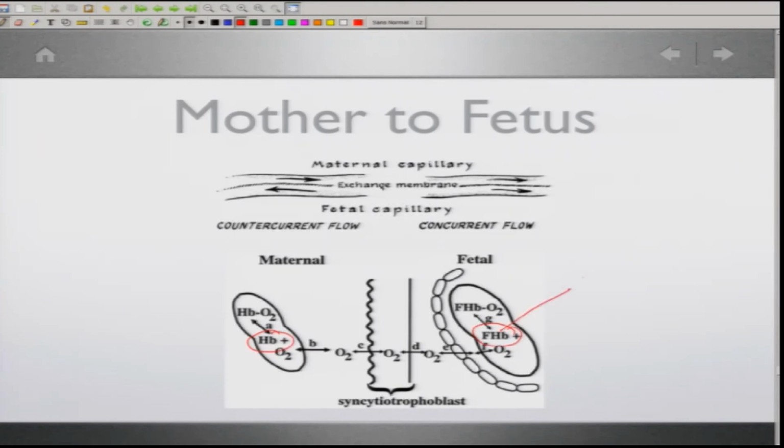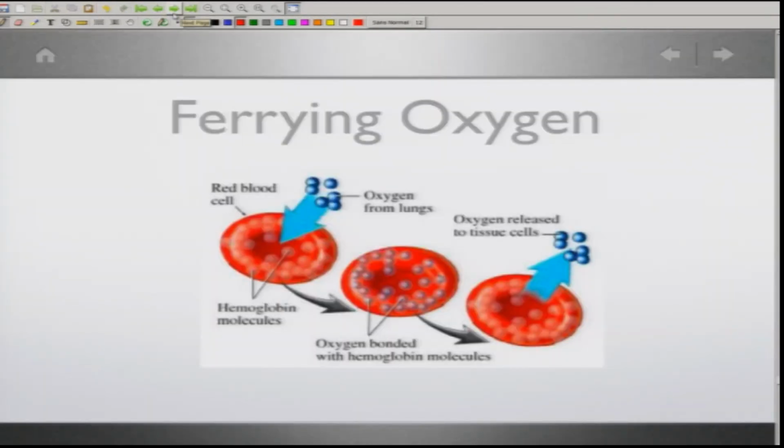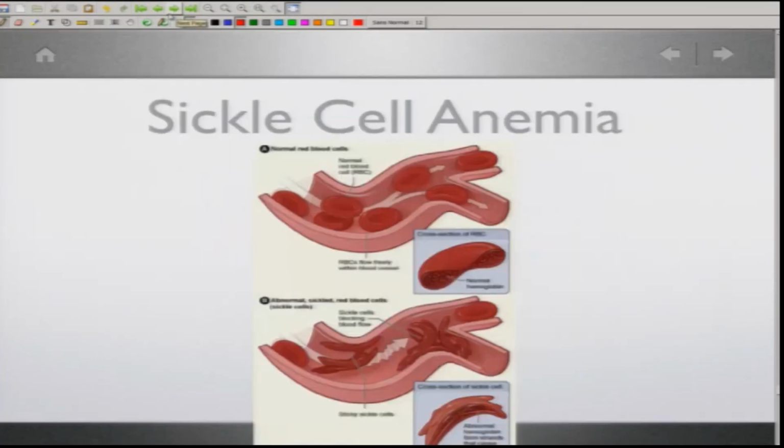This hemoglobin has higher binding capacity. Because it has a higher binding capacity, it pulls the oxygen more towards it. That is how the ferrying of oxygen takes place. So, this is the hemoglobin molecule sitting inside an RBC and ferrying the oxygen.